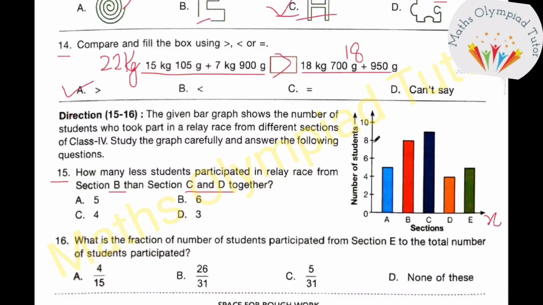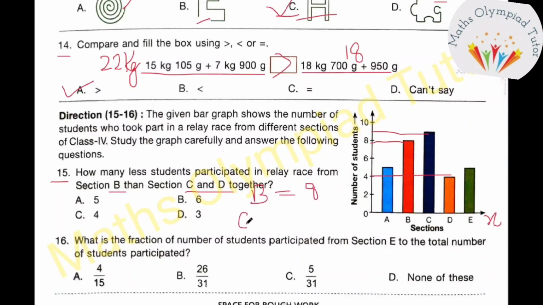In section B, as we can see, there are 8 students who are taking part. In section C and D together, in section C it is 9 here, and in section D it is 4 here. So section B is 8.